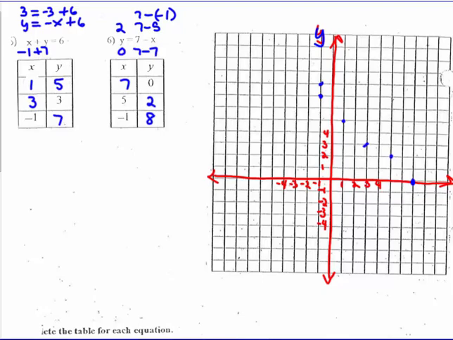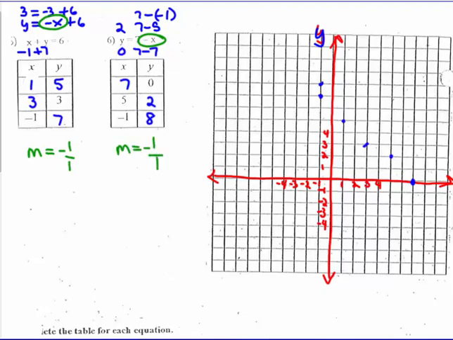When I solved it for y, number 5, I got -x plus 6, and number 6 is negative x plus 7. They have the same slope. I don't know if you noticed that. This is negative x, and this is negative x. So my slope for both of these equations is negative 1 over 1. And yes, you can see that the points are going down across the graph paper.